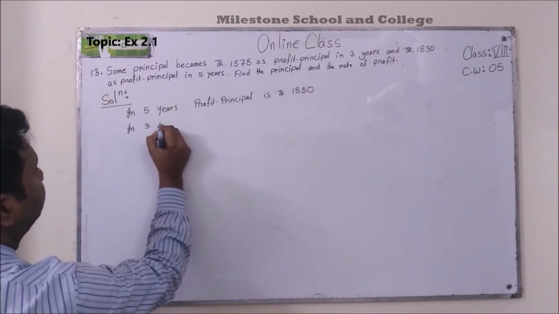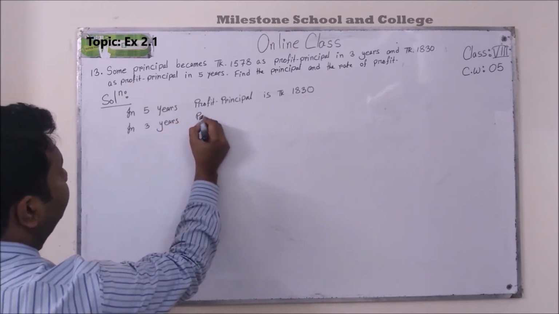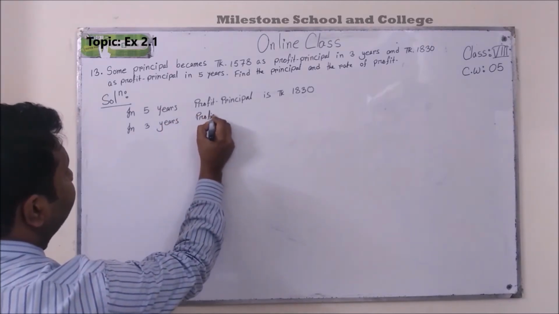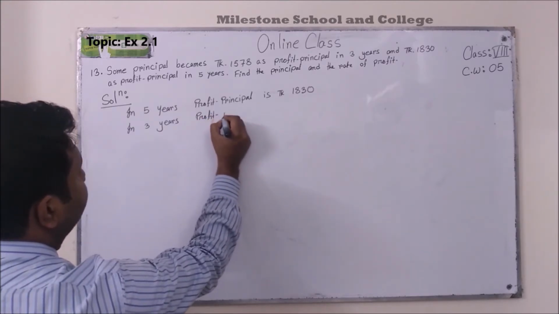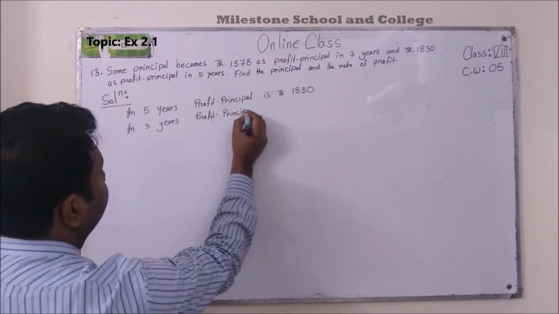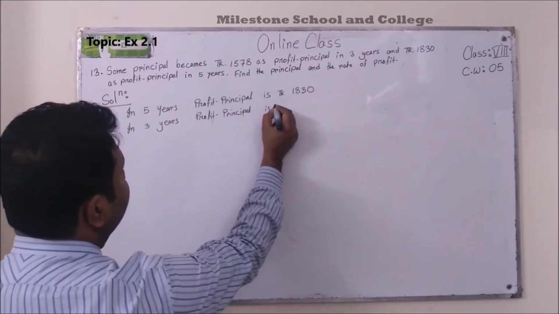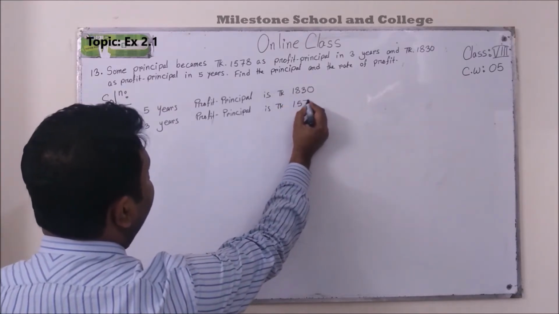In 3 years, profit plus principal is taka 1578.